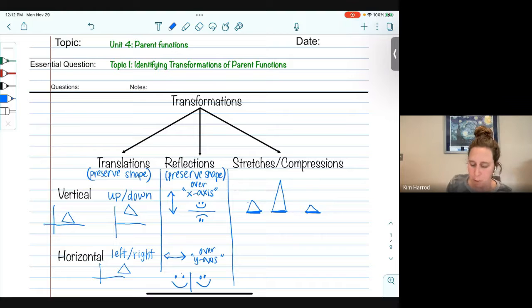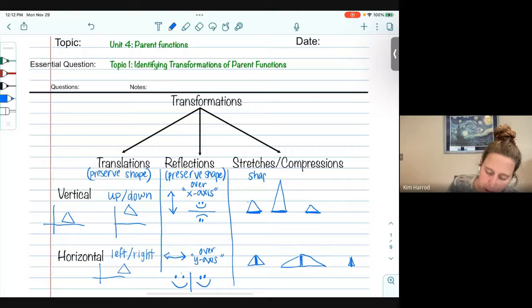And then when it comes to the horizontal direction, if we do the same kind of idea, we can stretch that triangle and it maybe looks like that, or maybe it gets compressed and it looks like that. So in these ones, what remained the same was the height, but what changed was the width. So these are the ones where we're going to see the shape changing.